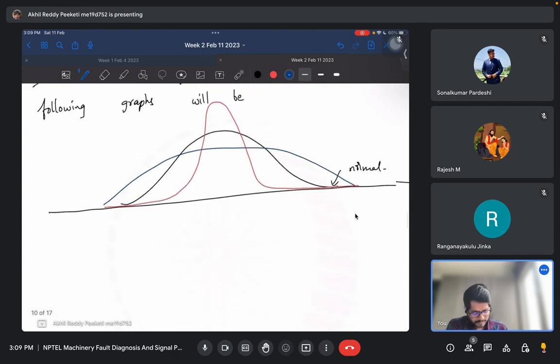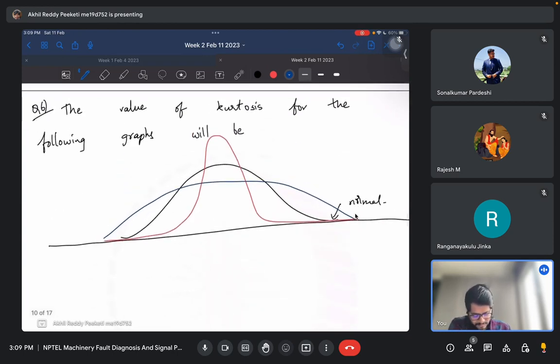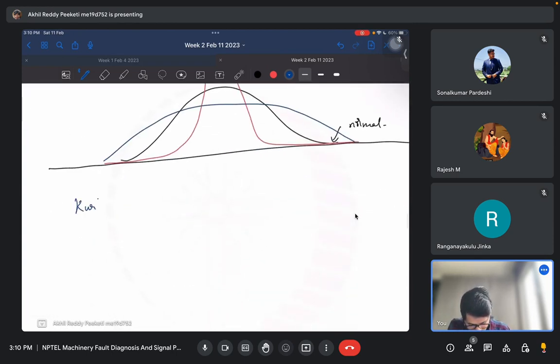So the kurtosis indicates the heaviness of tails. So this basically means whether there are extreme values or not, and how many extreme values there are. Okay.